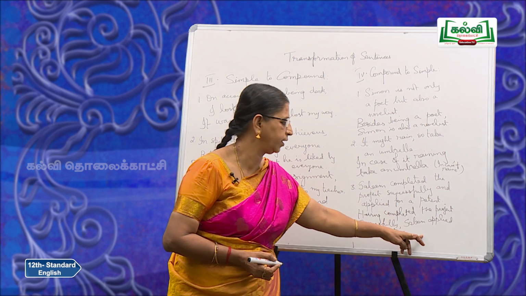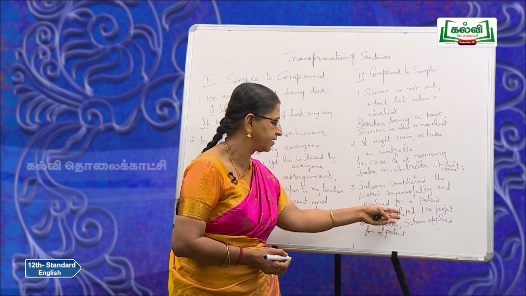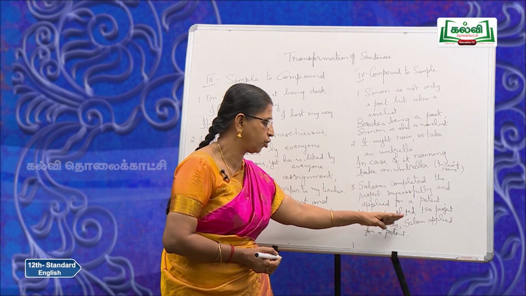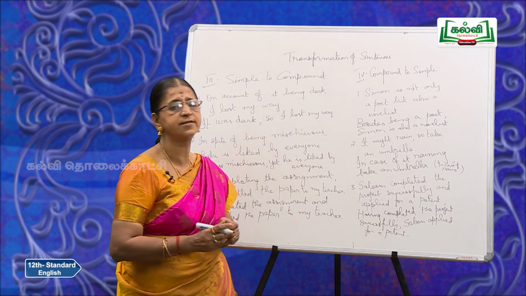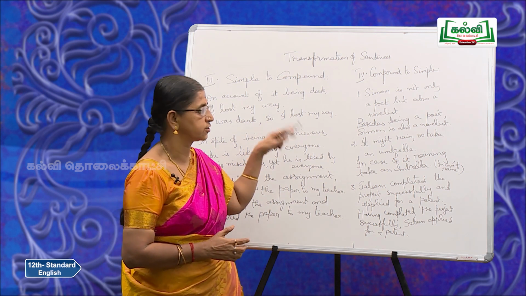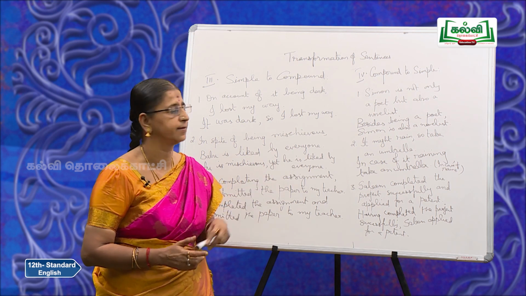So, applied is your only finite verb, simple sentence. This is have plus ing and this is completed, past participle, non-finite form. So, applied is your only finite verb. So, this is a simple sentence. So, just go through these once again and see how the transformation has been done.